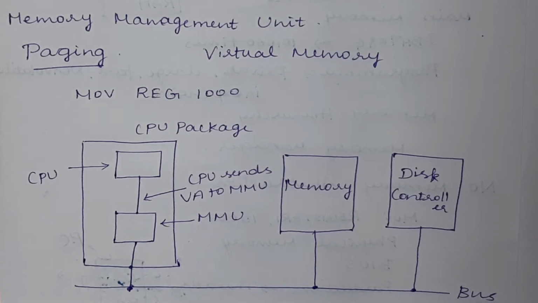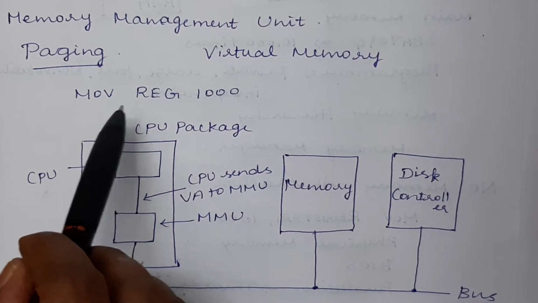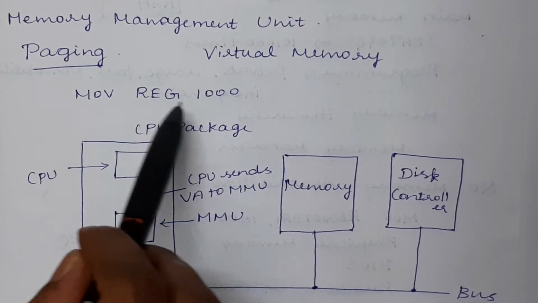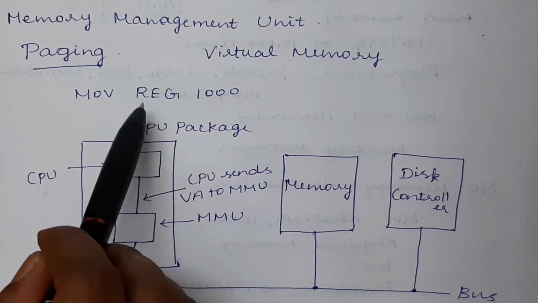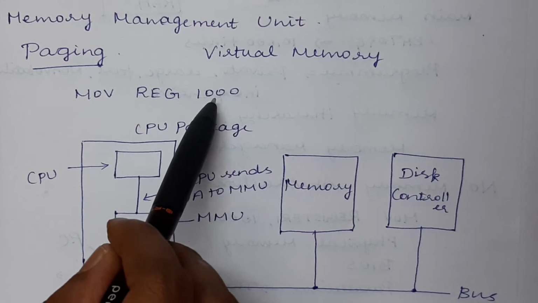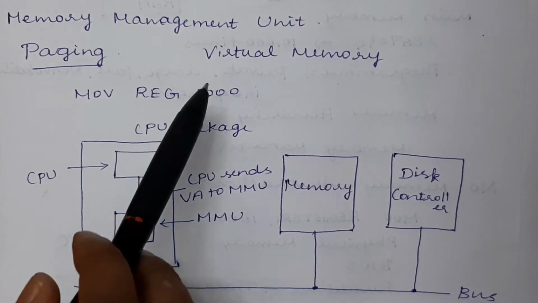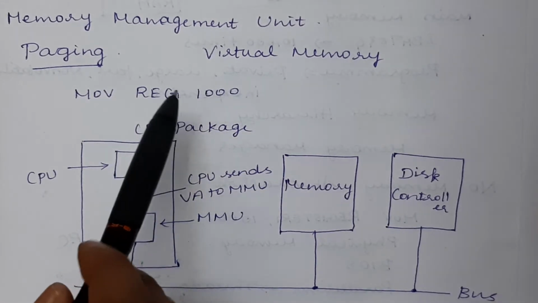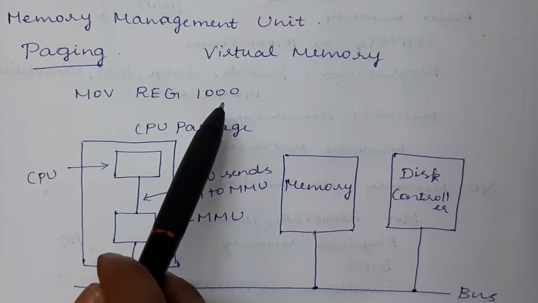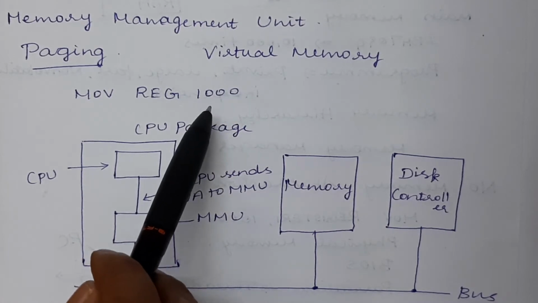For example, say we get this instruction from the user to execute: move register, 1000. What operation is done with this instruction? Whatever content we have in the 1000th location is transferred to this register. In order to perform this instruction, the CPU has to fetch the content from the 1000th location, but this is not the physical address.